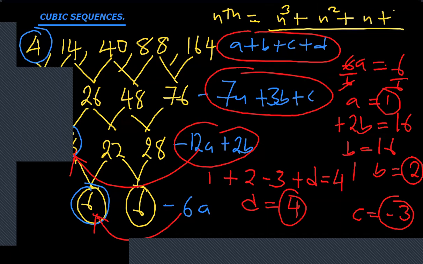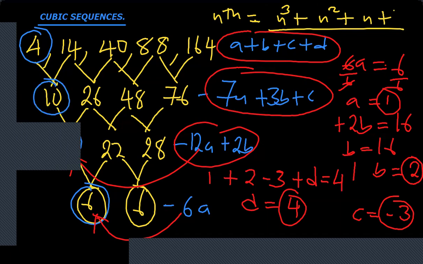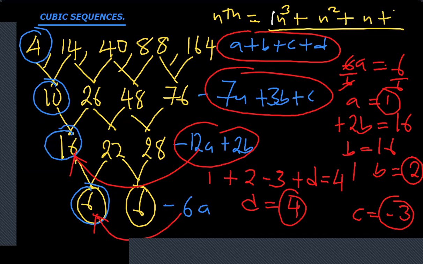My a was 1, so I'll put 1 there. My b is 2, so 2 right there. My c is -3, so I'll have to rub the positive there. So my c will be -3. And then, of course, my d is 4.